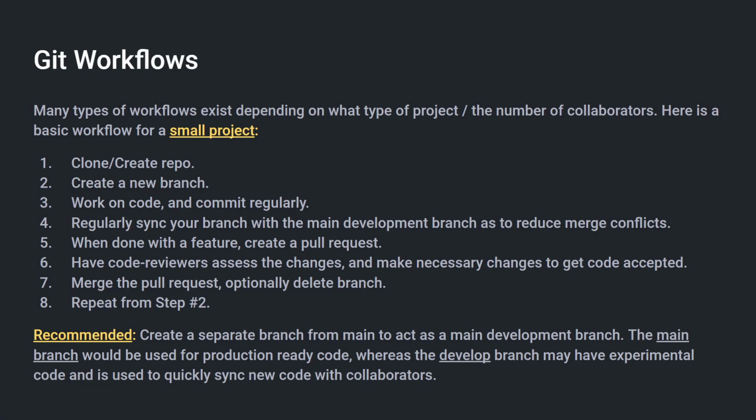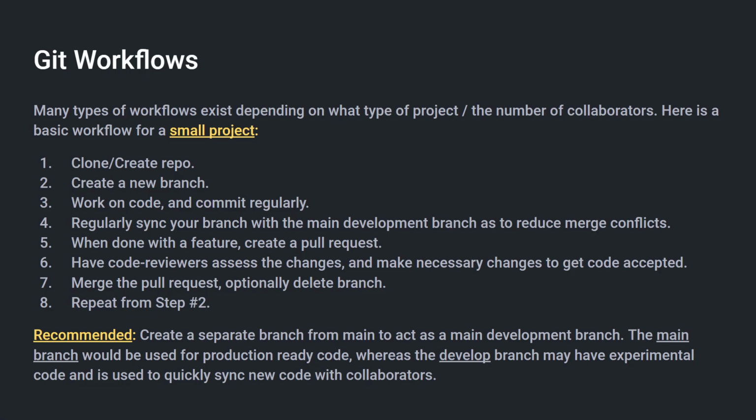For example, you can create the repository on GitHub and then clone it to your local system. Or you can create the repository on your local system and push it up to GitHub. Secondly, you're going to be creating a new branch. You're going to be working on the code on that branch and making commits regularly so that you have a history that you can go back to in case you need to look at previous code changes.